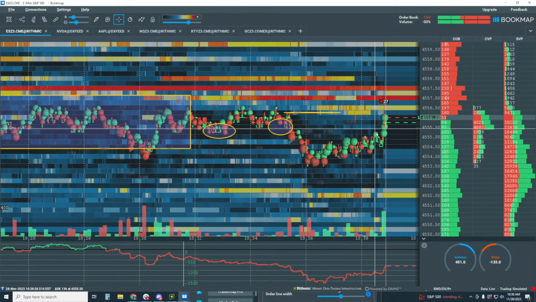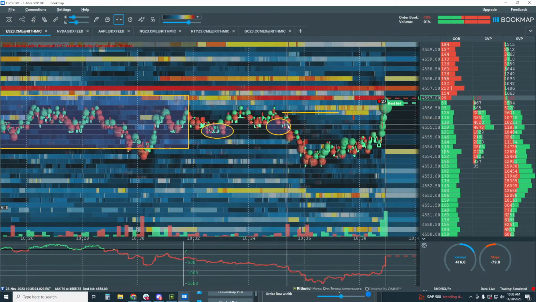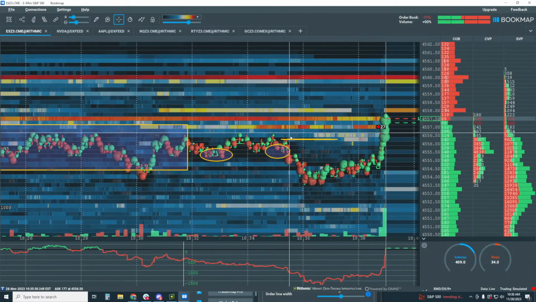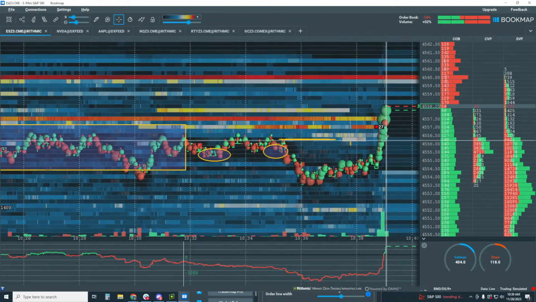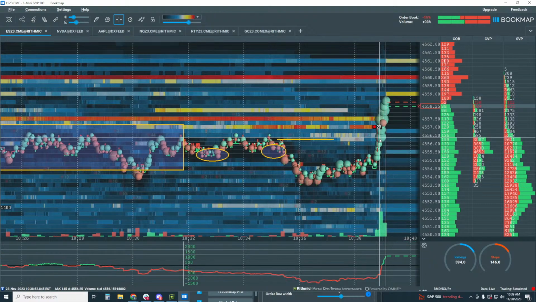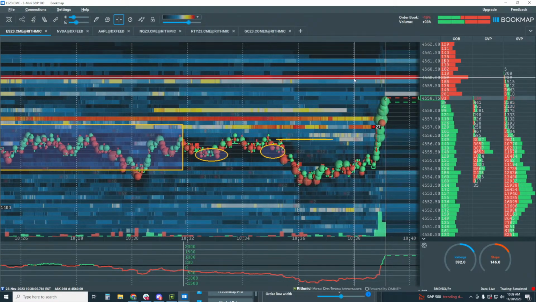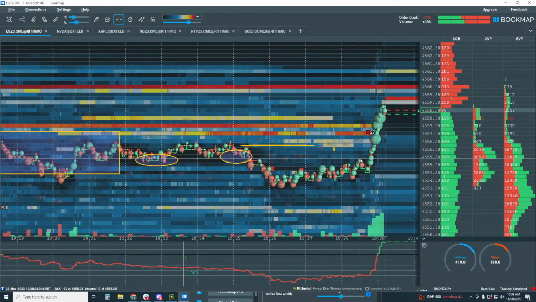Okay, well, we can see what unfolded here. The buyers are able to take it back up. Now the trap volume is this selling in here. So we're looking for this to continue to the upside. The momentum is strong here, looking for our 60 level. This happened and unfolded rather quickly.